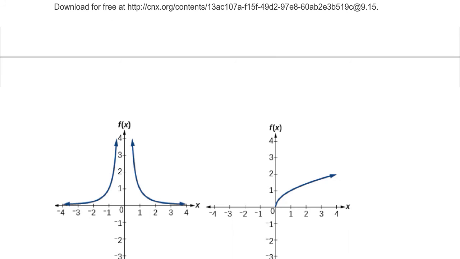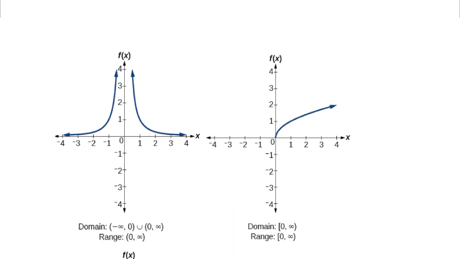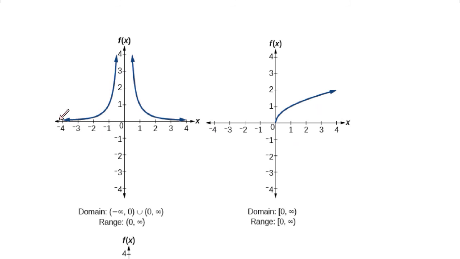The difference is it will always be positive. Our range is always greater than 0. So we do not include 0 there, and it's always going to infinity. The domain does not include 0 because we have a vertical asymptote there as well.